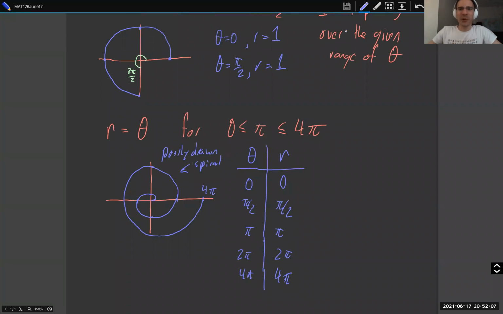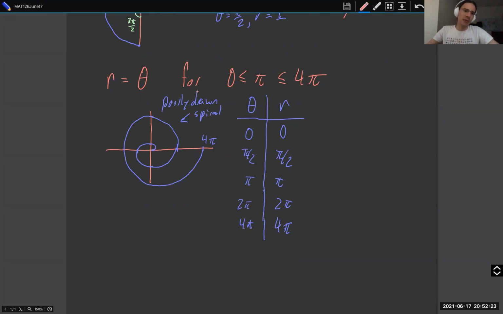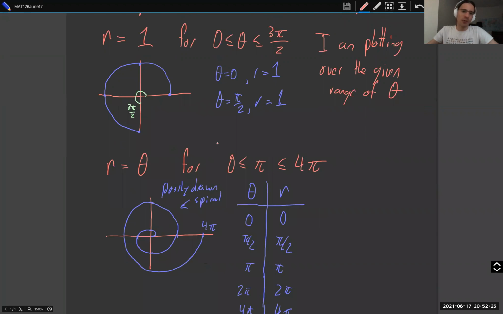Okay, so that's another equation that you can get. And then because of the range of angles, it goes around twice. So notice how each ray, well, for 0, it has 3 points over it. For all the other ones, it has 2 points over it. So this is how polar coordinates work for functions. You give r as a function of theta.